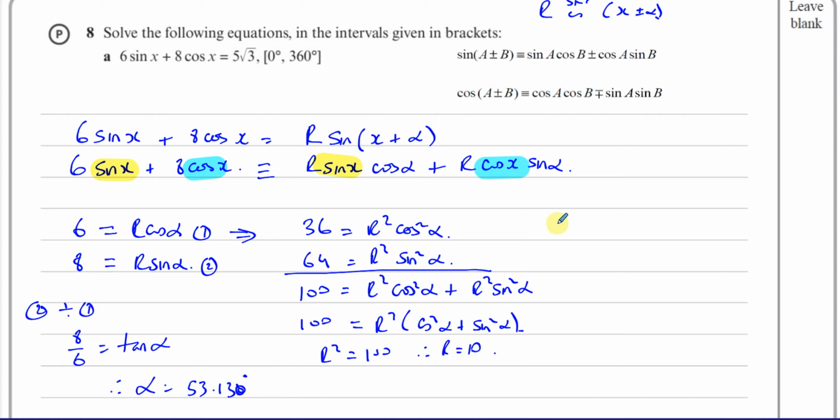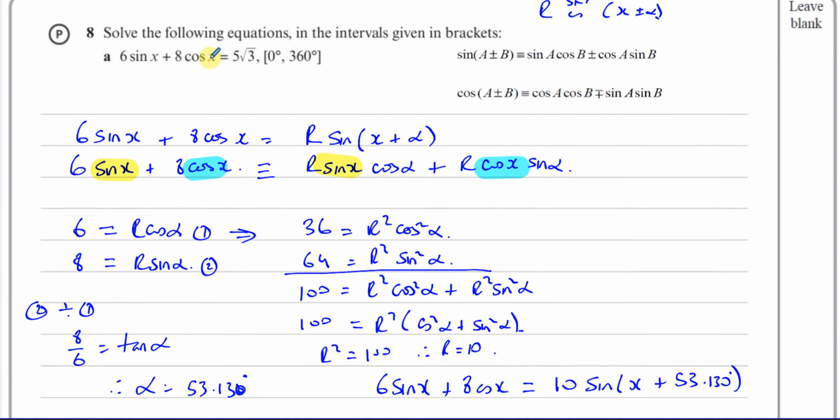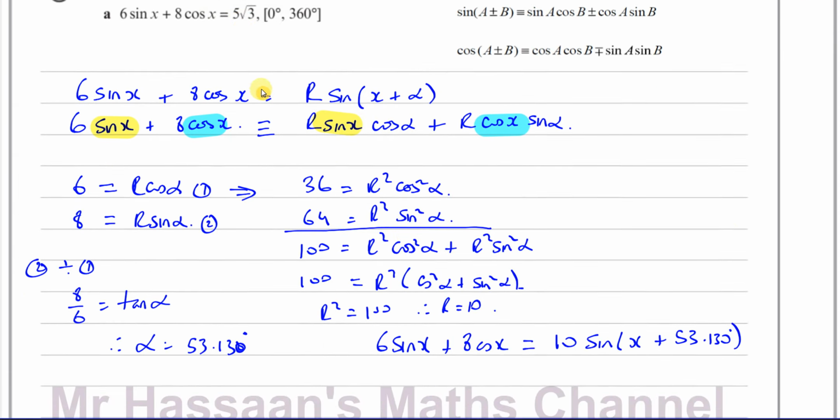So therefore, what we can say then is 6 sine x plus 8 cosine x can be rewritten as r, which is 10 times the sine of x plus 53.130 degrees. And now we can go on to solve the equation, because we've got to solve where it's equal to 5 root 3.